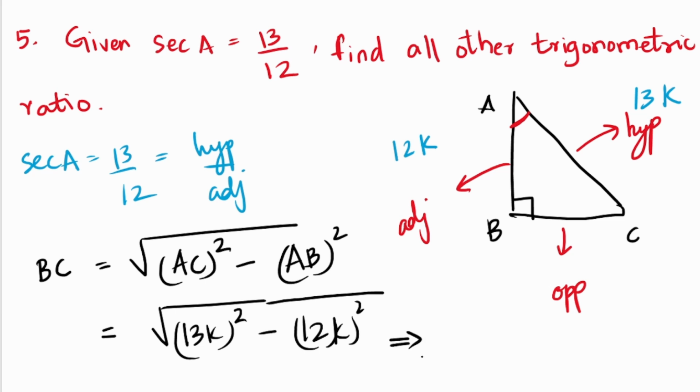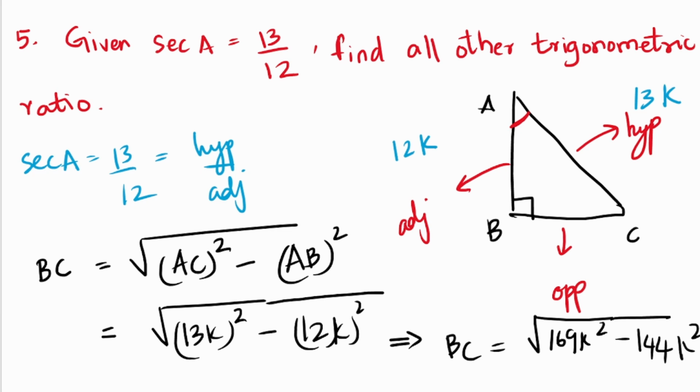This implies BC is equal to root of 169k square minus 144k square, since 13 square is 169 and 12 square is 144. Then you have k square.